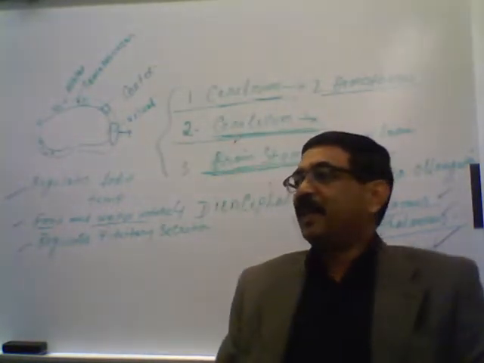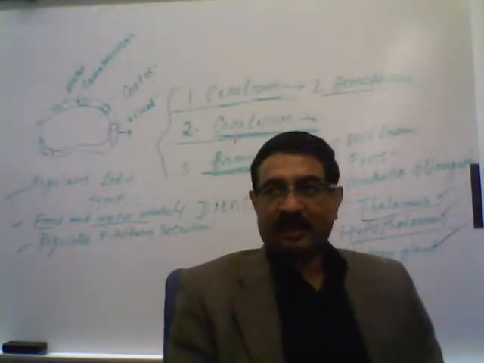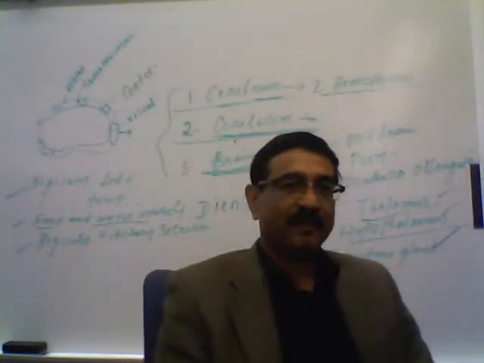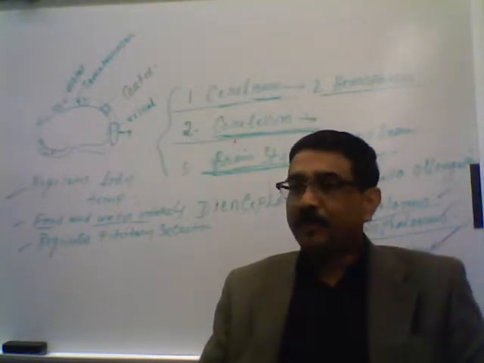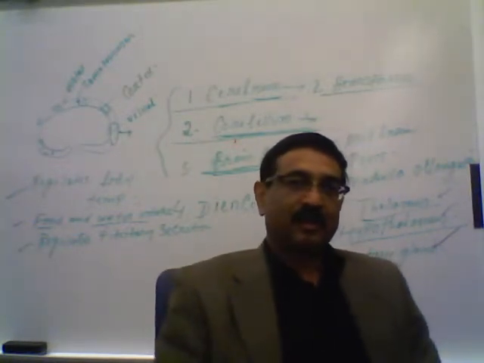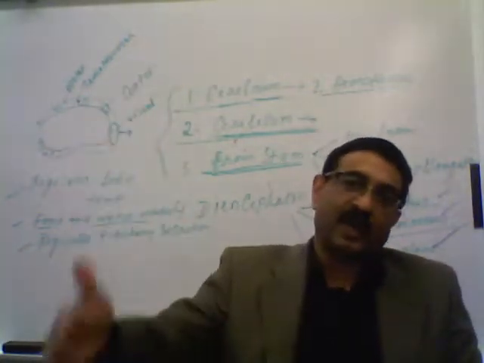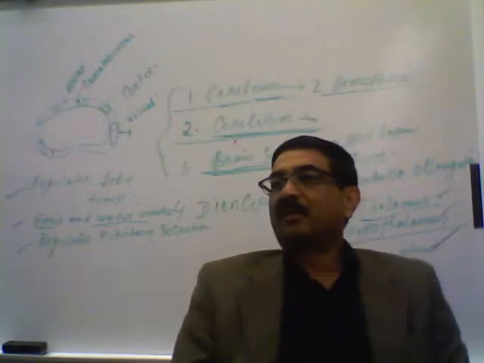So, you have many sulci and many gyri on the surface of the cerebrum or cerebral hemisphere. Also, we have a few deep cuts or grooves, like deep cuts in the brain. Those are called fissures.